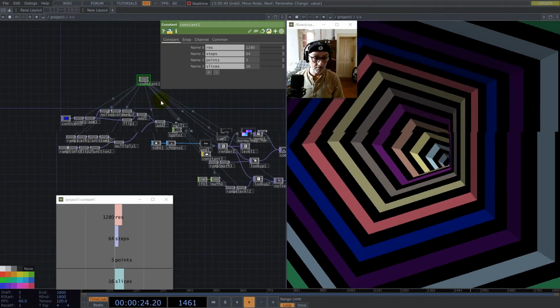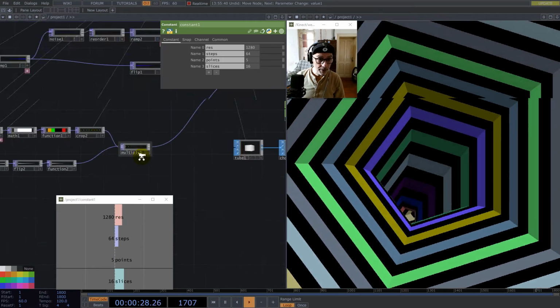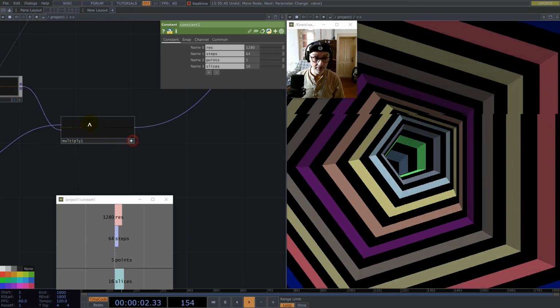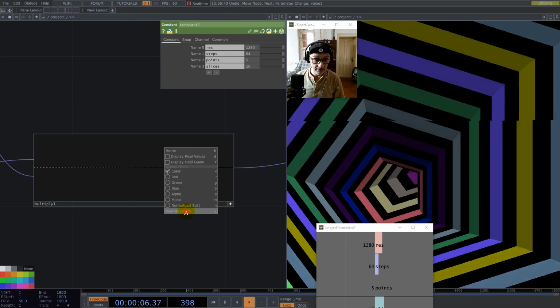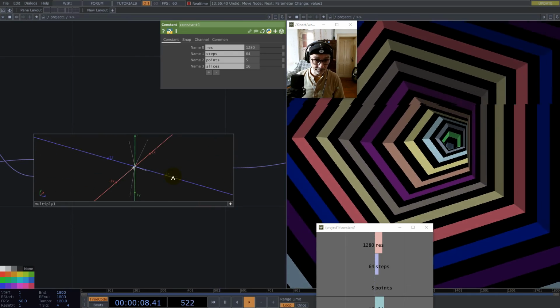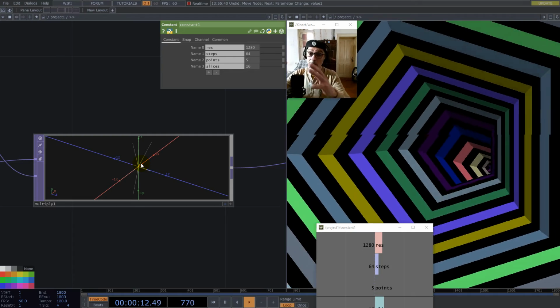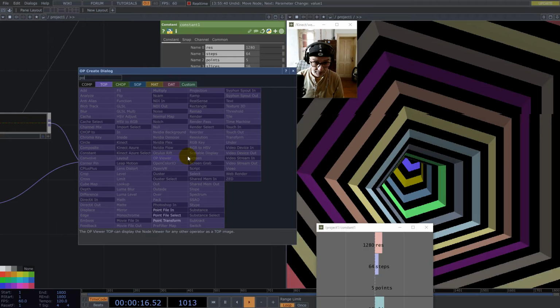And what if we do like this right here, where we have those polygon points. Let's see them, okay? I would rotate them with point transform.